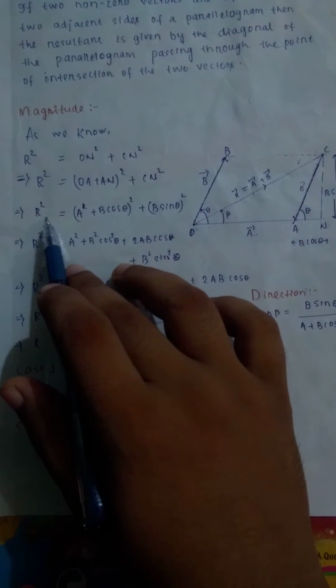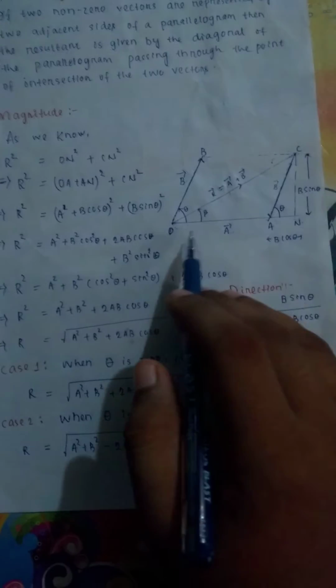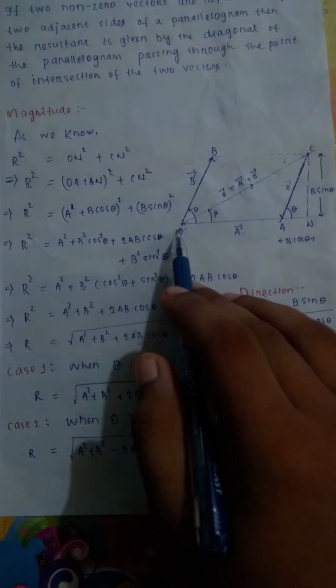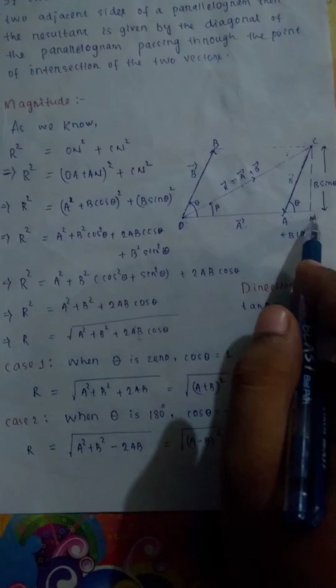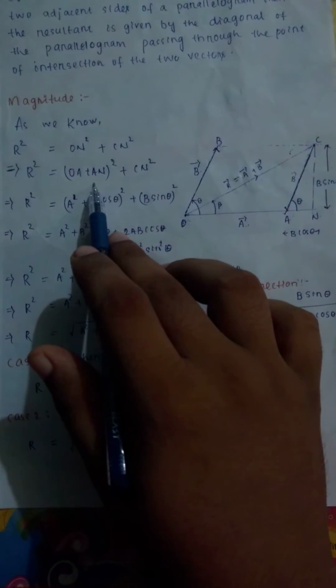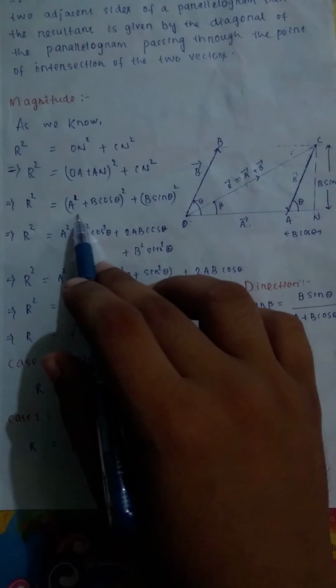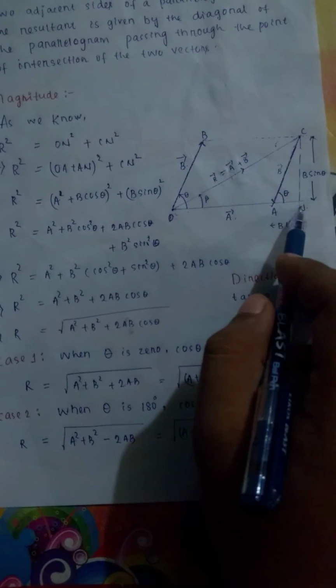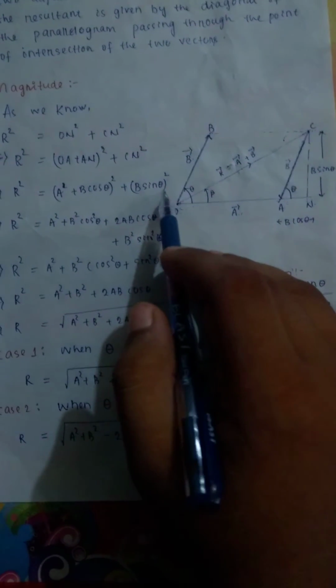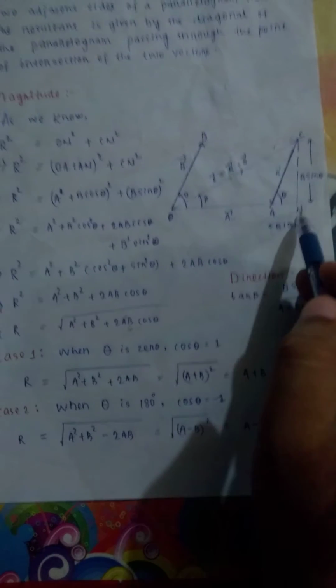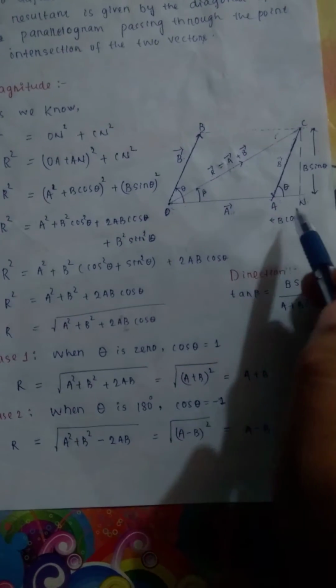This implies R square, ON is equal to OA plus AN, as I have written. OA is A, and AN is B cos theta, CN is B sin theta. How have we found AN and CN?